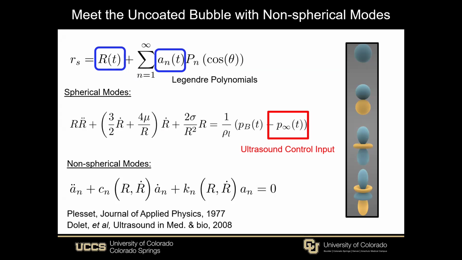So your control input does not directly affect this; it's implicit through the radius. But our goal, especially when you want to cause stable oscillations of the non-sphericalness, is that we had to cause it through the radial mode and have that do it. So that forced us to use an observable framework to do this.